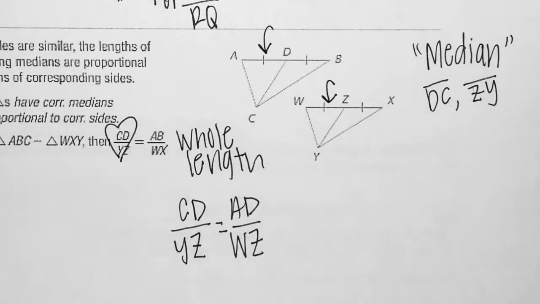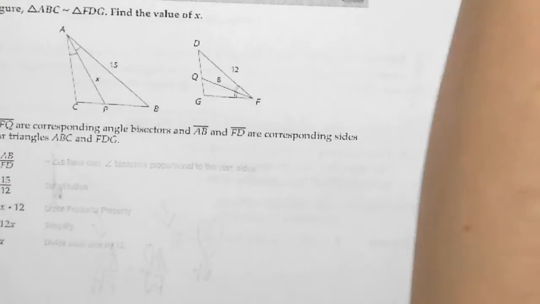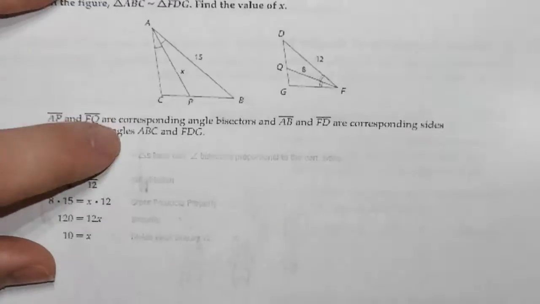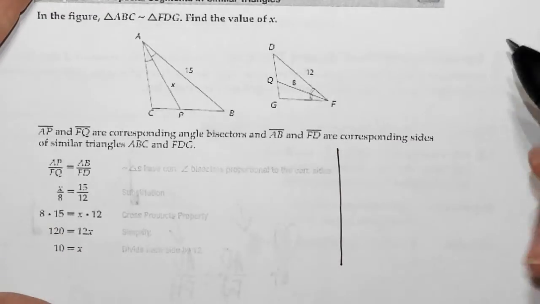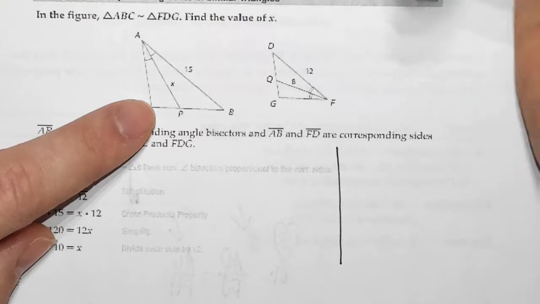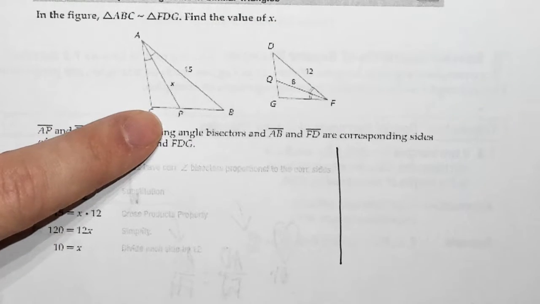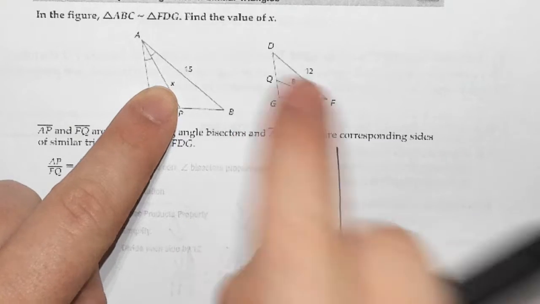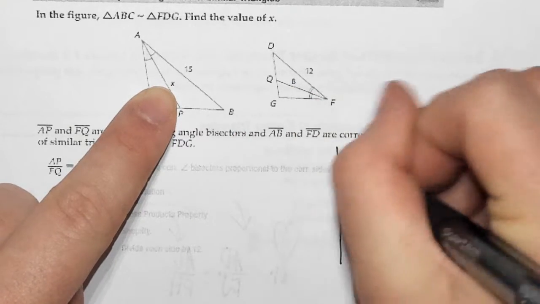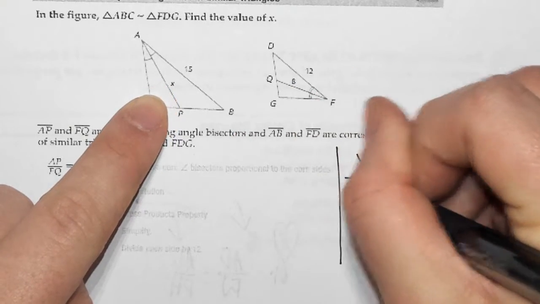Okay? So if you turn the page, I know that this is an example and that the answers are right here, but it's better for your brain if you write it. So let's do this one together. We have angle bisectors. AP is an angle bisector, and QF is an angle bisector. Solve for X. Well, we're going to set our angle bisectors together, so we'd have X is to 8.